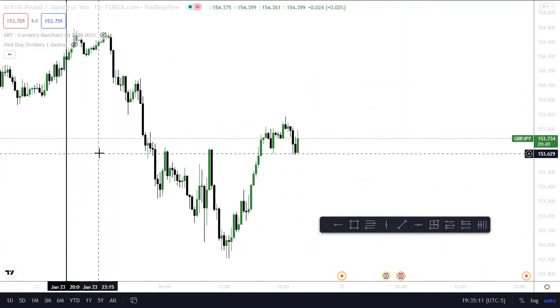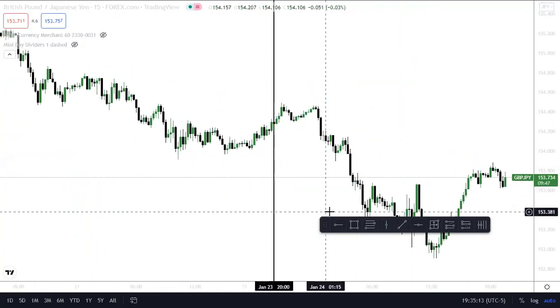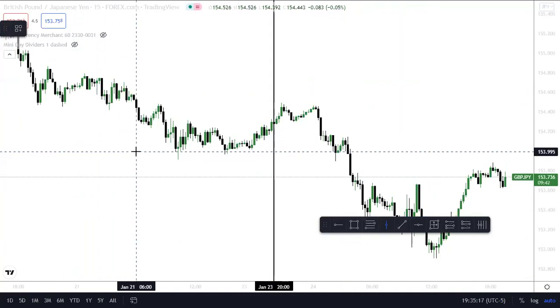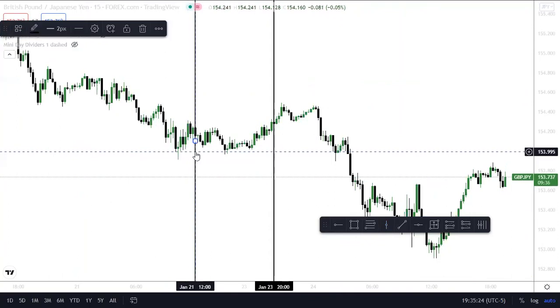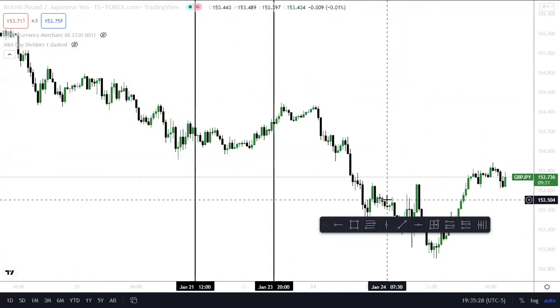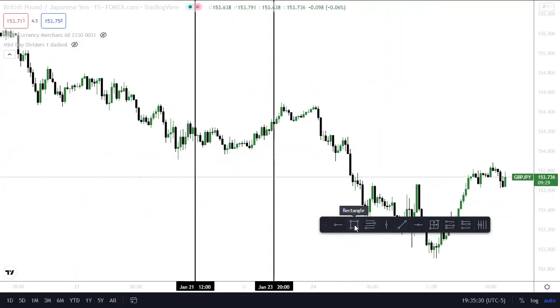So that's 8 p.m. and then 12 noon, somewhere about here. All right, so let's see what this setup has and what we could have done.